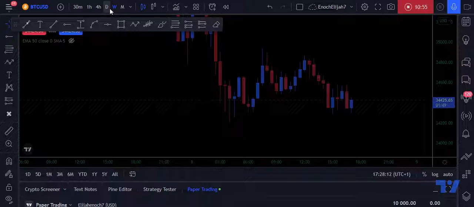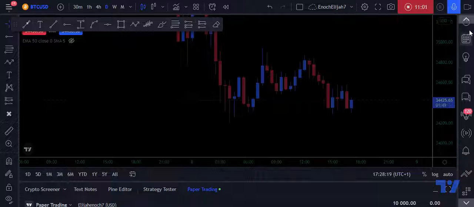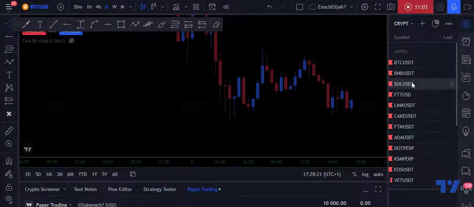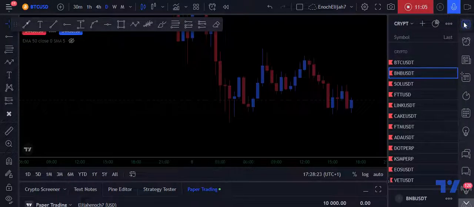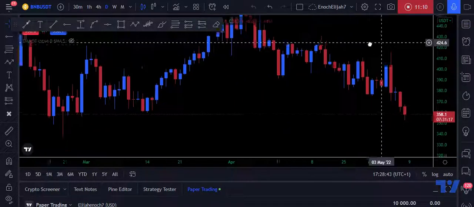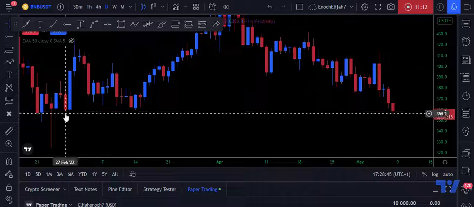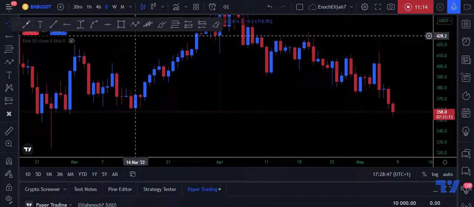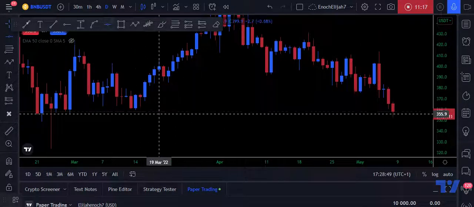So let me see if I can get another opportunity for another asset. Let's go for BNB. This is the BNB chart. You can see that BNB is also turning bullish on this zone because it is a buying zone.